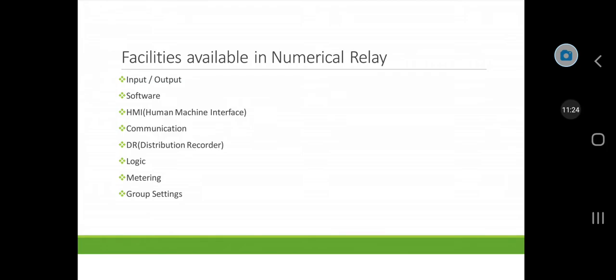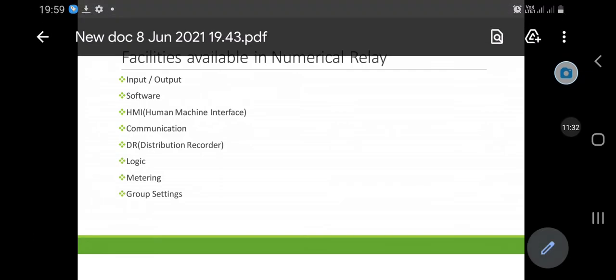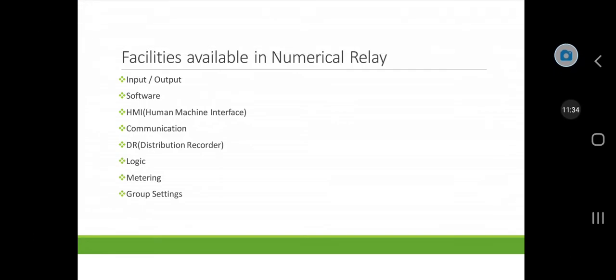The next facility is the disturbance recorder. The relay has a storage facility for events and disturbances. The disturbance recorder can take waveforms of voltage and current for each phase and the neutral.